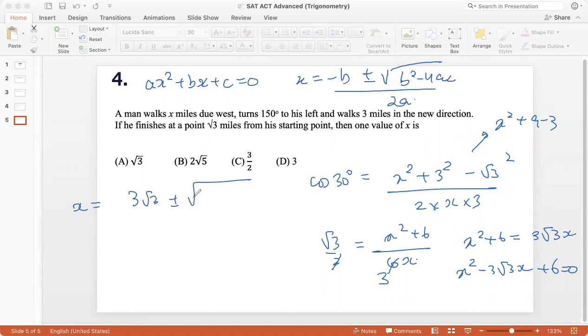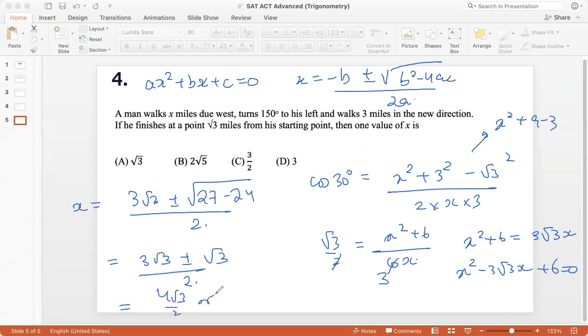So that's 3 3s are 9, 3 root 3s are 27 minus 24, 4ac, divided by 2. So 3 root 3 plus minus root 3 divided by 2. So 3 root 3 plus root 3, 4 root 3 divided by 2, or 2 root 3 divided by 2, which is 2 root 3 or root 3. So x can be root 3 or 2 root 3. So one value of x is option A, root 3.